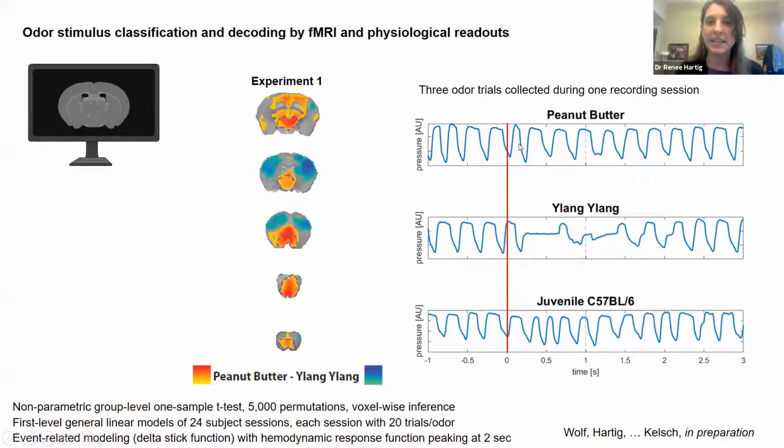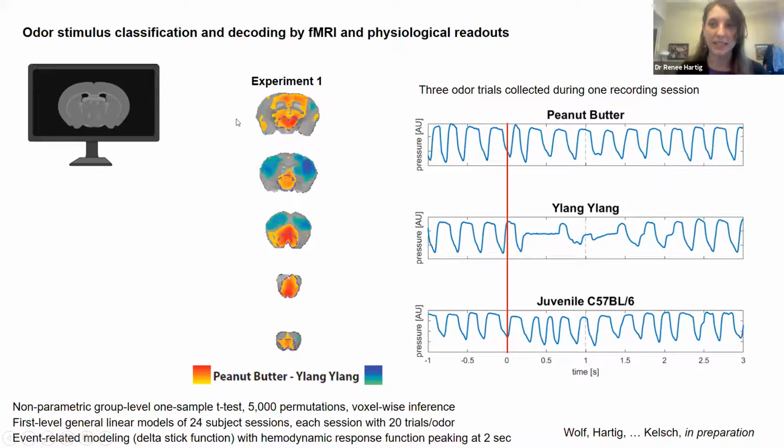And what you can see is you either have an increased amplitude in the sniff response cycle, or you have an increased frequency, indicating what could be a level of increased appetitiveness. For the yang, however, you could see that there's a transient termination in the sniffing, which could indicate that it may not be as appetitive as the peanut butter or the juvenile.